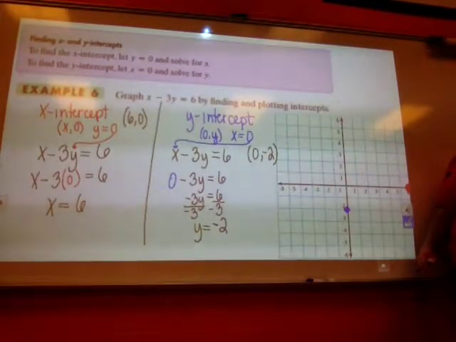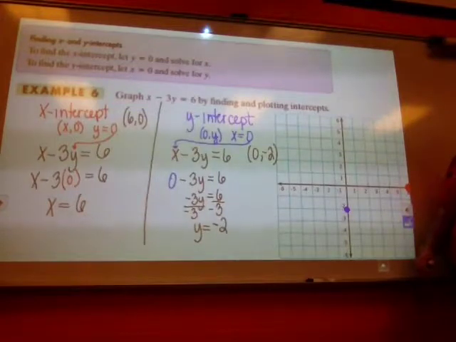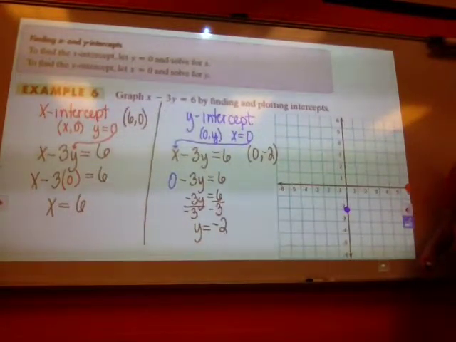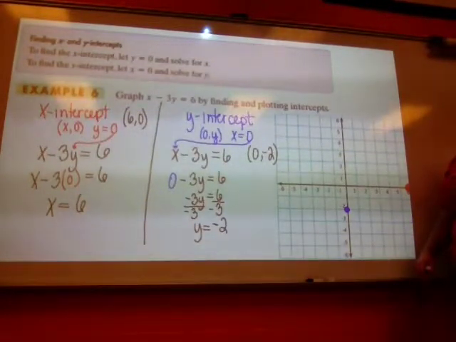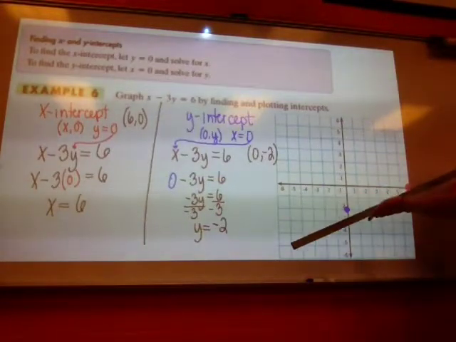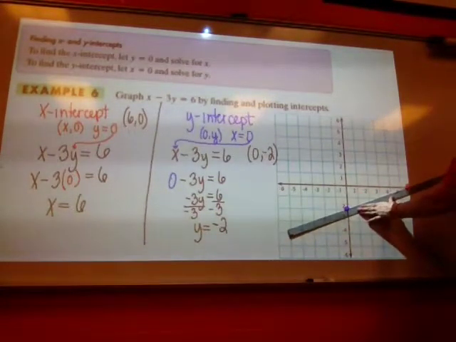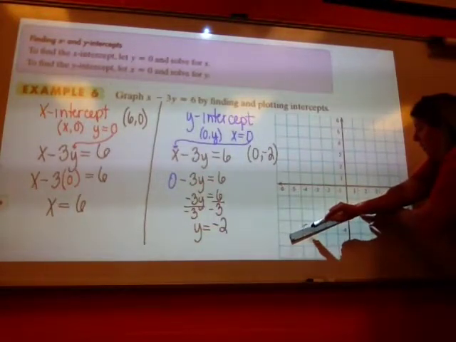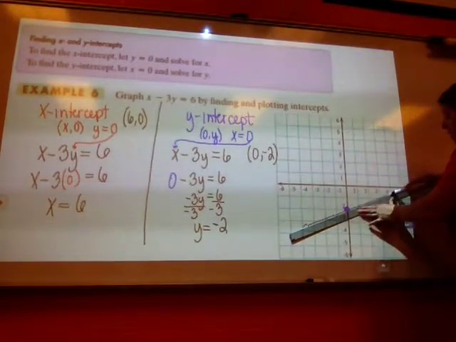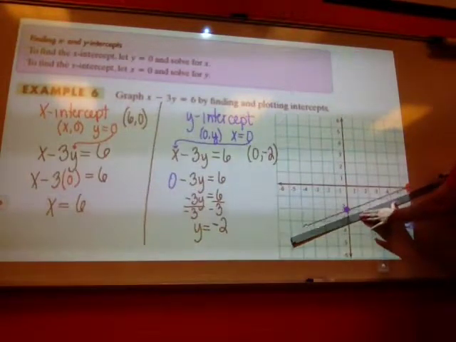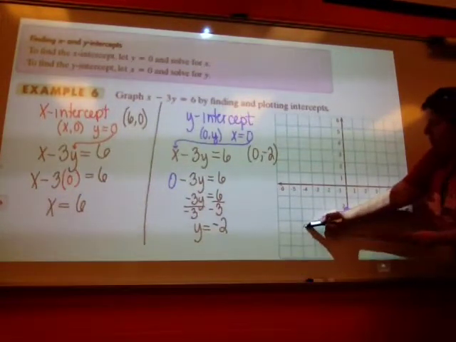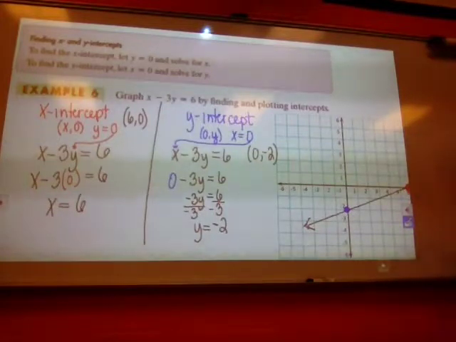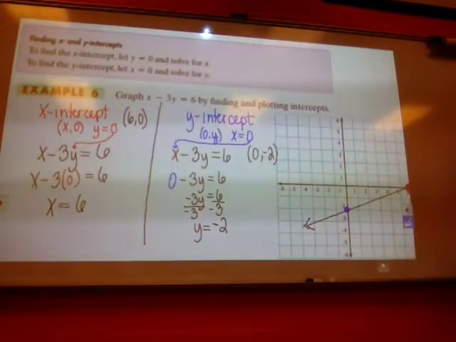Take your straight edge. If you don't have a ruler, what can you use? And draw your line. Extend it nice and pretty.